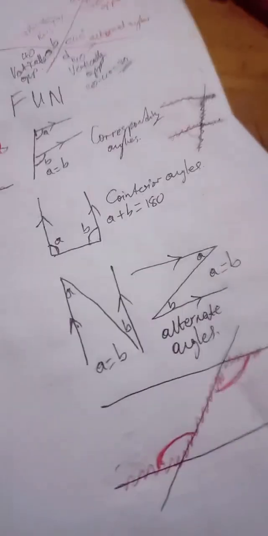X cannot be 25. Remember, it was 2x minus 20 and then x plus 30, right? So these two angles are equal. 2x minus 20 is equal to x plus 30.